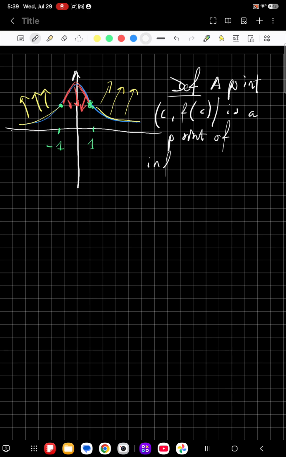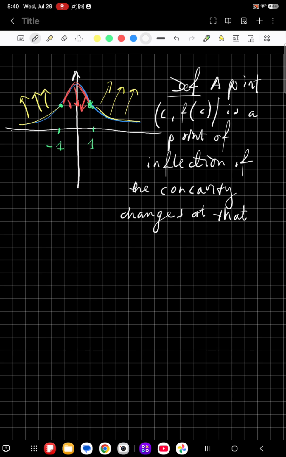It's a point of inflection if the concavity changes at that point. As you can see, I'm struggling. So that's the definition basically.